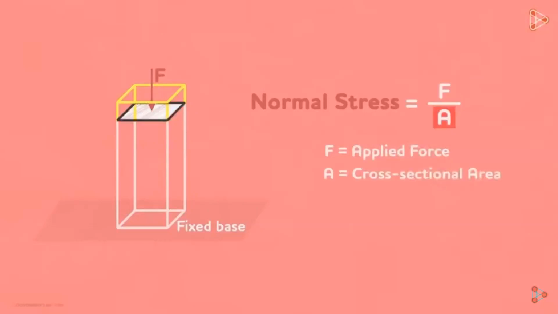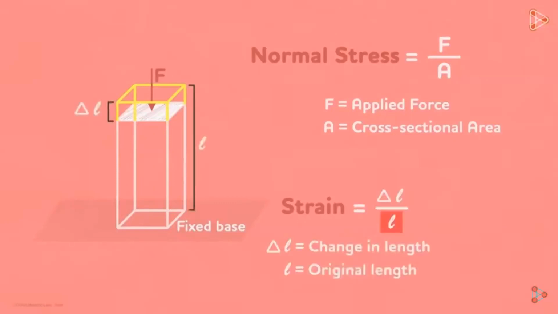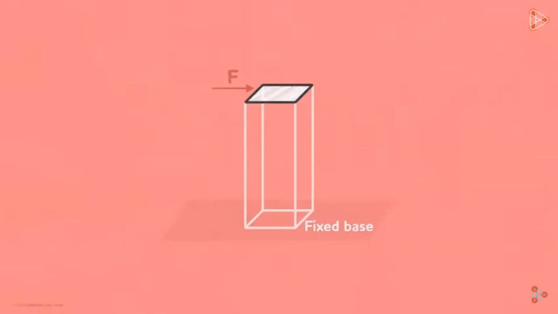So this is the basic difference between normal stress and shear stress. Normal stress is where the force is acting perpendicular to the area of contact, while shear stress is the force that acts parallel to the area. Let's take another example which explains shear stress better. Here's a beam and assume that it's fixed at its base.